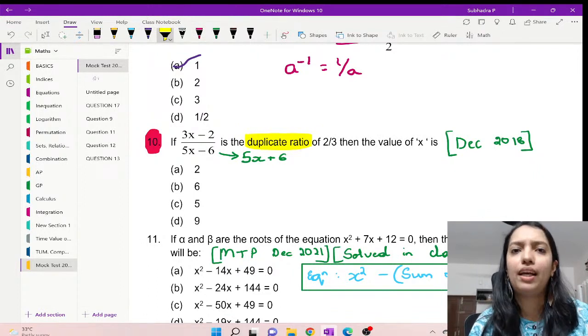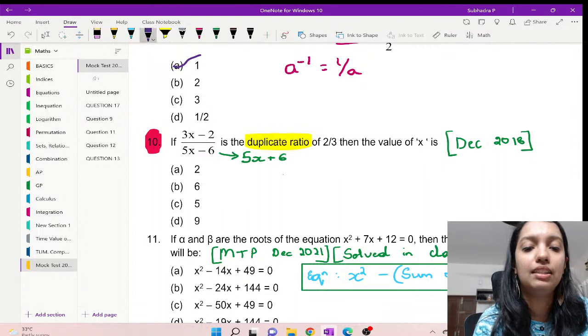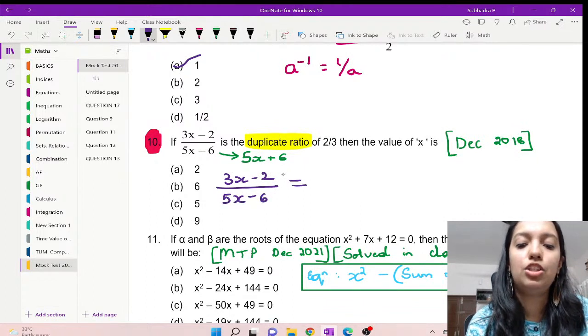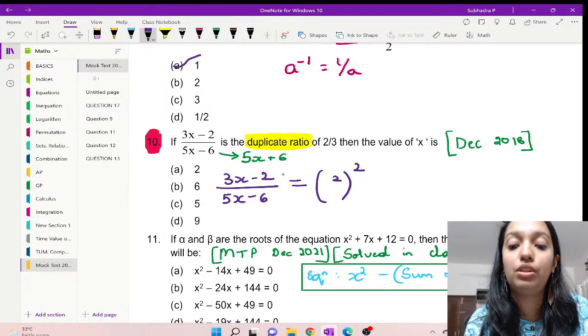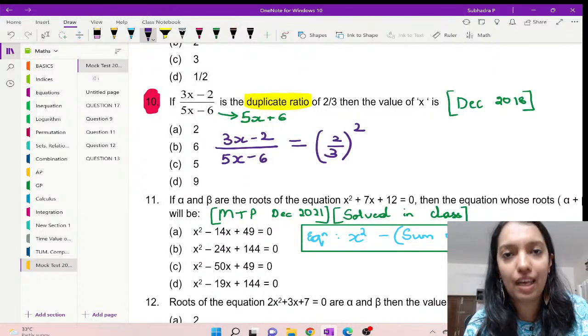What do you mean by duplicate ratio? You have to square 2 by 3 in order to get this answer. So I am doing it here. 3x minus 2 divided by 5x minus 6 is the duplicate ratio, means you need to square what? 2 divided by 3. Substitute this, you will get the value of x.